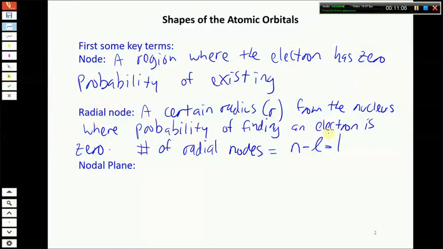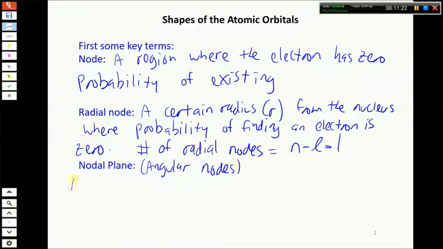The radial nodes don't change the shape of the orbital, they just introduce regions in space where the electron cannot be. But the shape is going to be determined by the number of nodal planes, also called angular nodes. You might see both terminologies, so don't be confused by that.